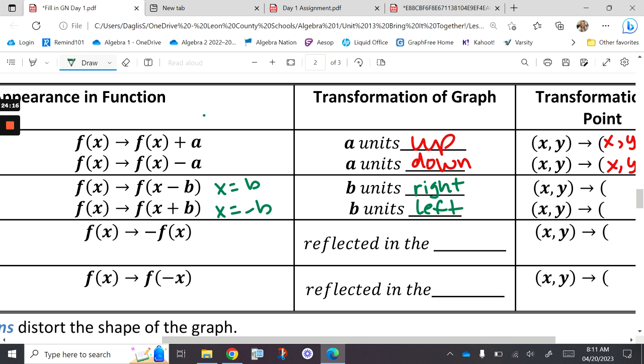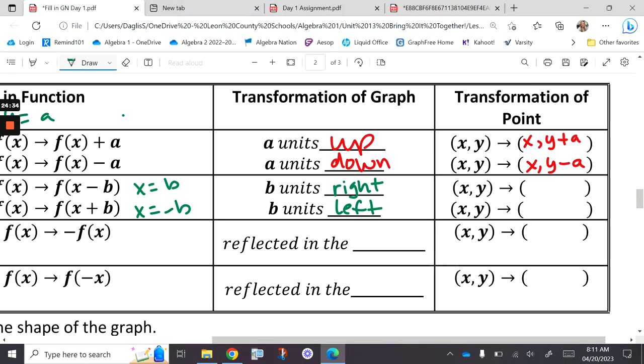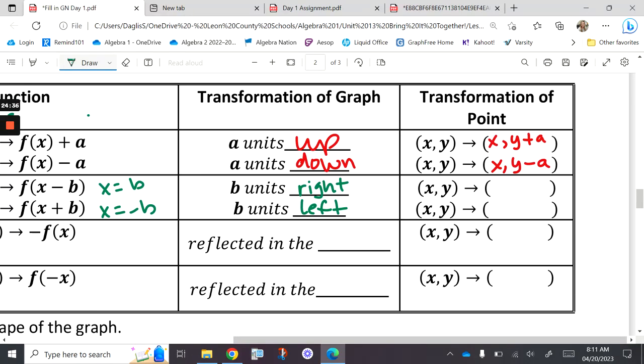So that's why. Over here, our y function was already on the other side. So that's why I didn't have to change my signs. If we're inside my parentheses, we have to do the opposite of it. So if I'm moving to the right, I take my original x value and we add my b's to it. My y's don't move. If we're moving to the left, we take my original x value, we subtract those b values, and my y stays the same.